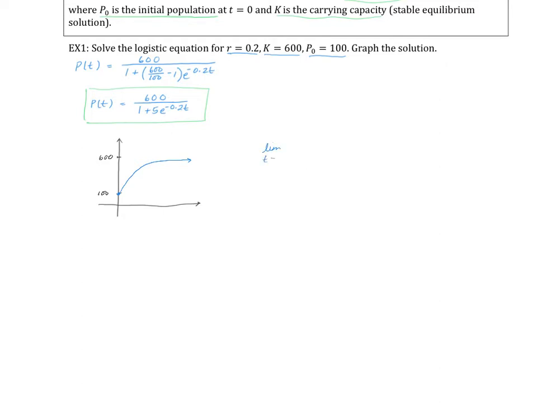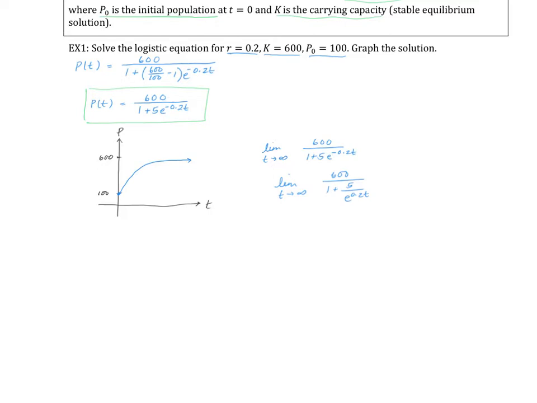As t goes to infinity, remember, this is our t-axis, and this would be the p-axis. So if we take the limit as t goes to infinity, remember e to the negative exponent will drop below to be the limit as t goes to infinity of 600 over 1 plus 5 over e to the positive 0.2t.